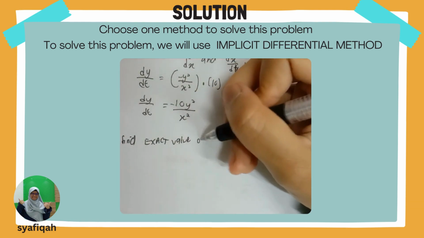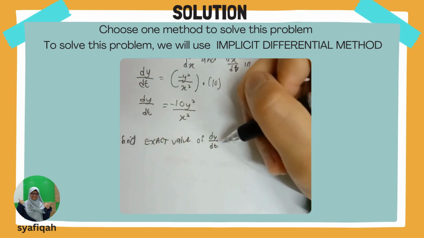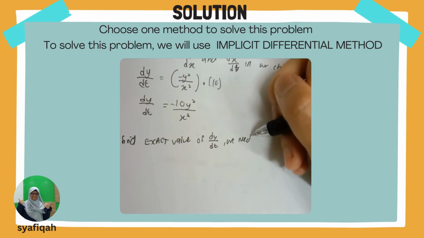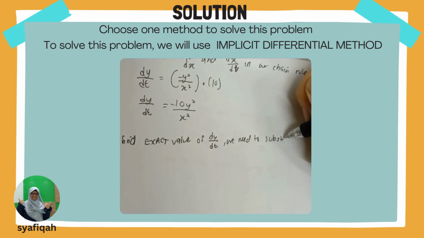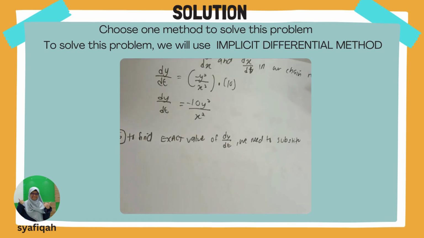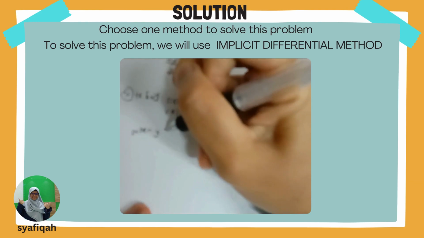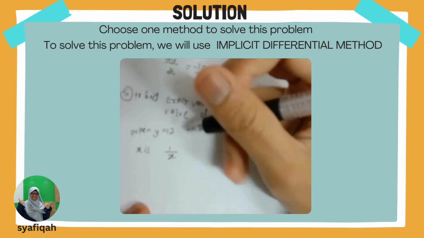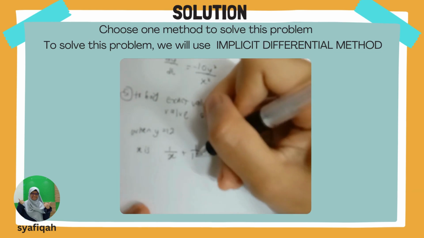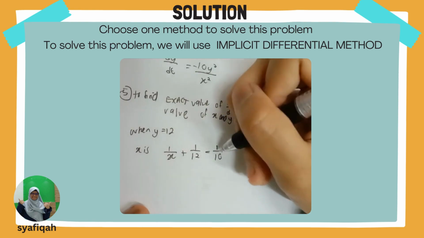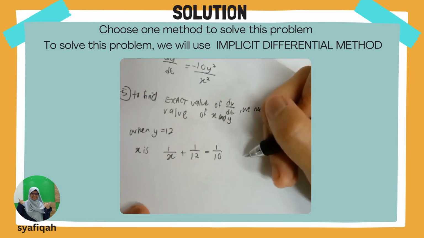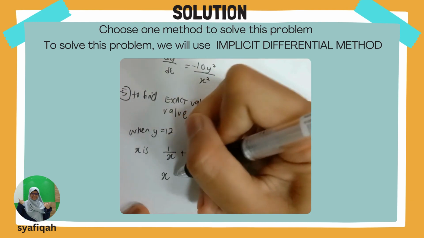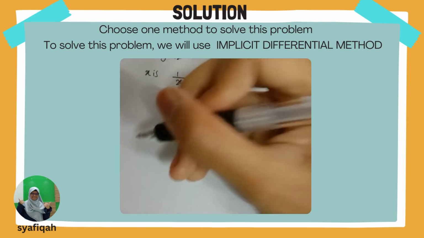Next, we want to find the exact value of dy over dt. We just need to substitute both values of x and y. Given that the value of y is 12, 1 over x plus 1 over 12 equals 1 over 10. Then we calculate it, and we get x equals 60.